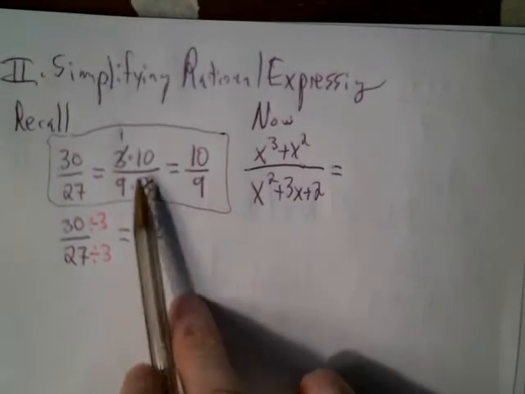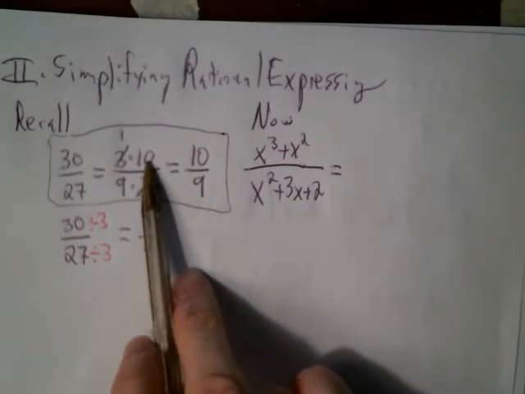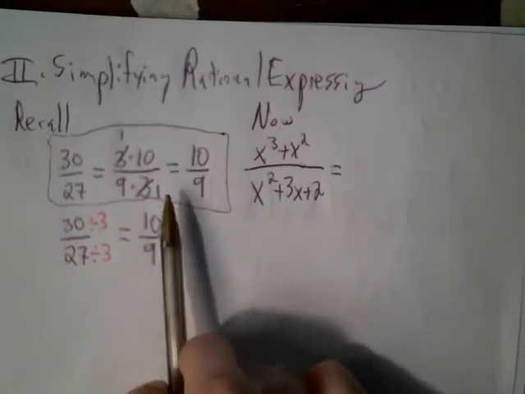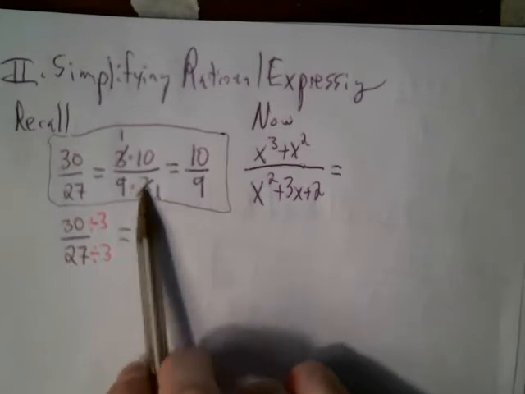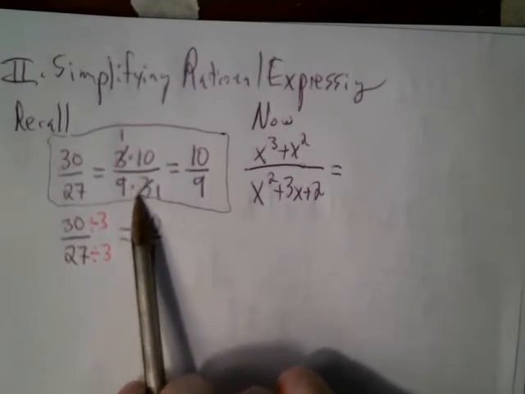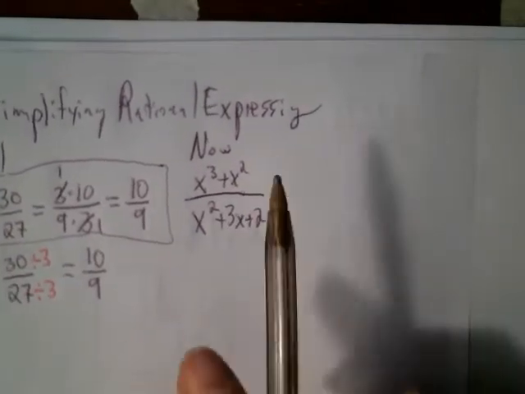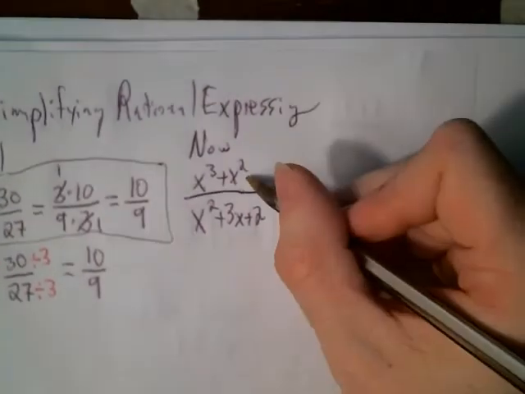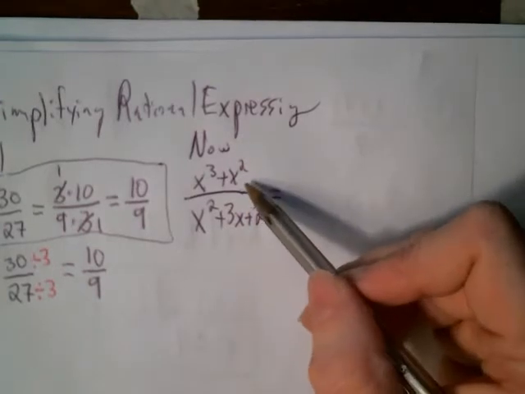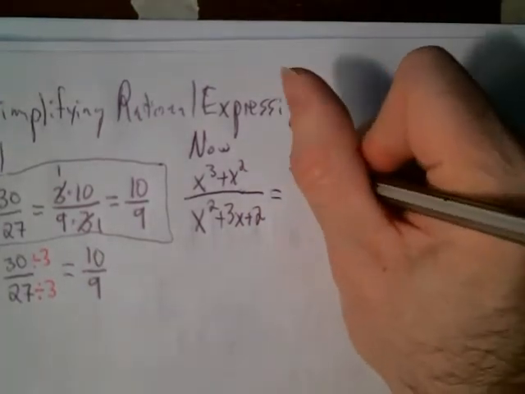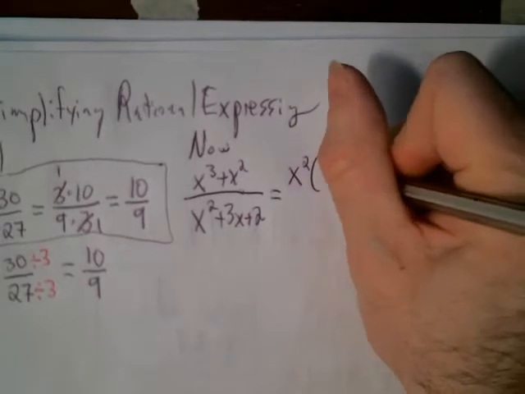Okay, so this one actually isn't factored completely. We could have rewritten this as 2 times 5, but I think most of us just go as far as we need to go and then leave it. But now you probably want to factor completely. So what does that mean in the numerator? That means pull out the GCF, which is x squared, leaving us with x plus 1.